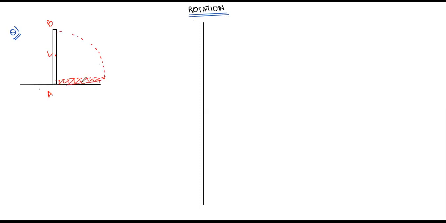Now when this happens, we are being asked how much velocity point B should have when it's hitting the ground. How should we go about it? Atul, any idea?